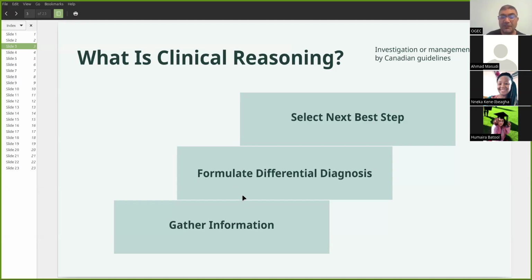Based on that, we have to formulate our differential diagnosis. What diagnoses are in our mind based on this information? And accordingly, we must select the next best step. The next step, as mentioned before, can be an investigation, a procedure, a management of the patient, or treatment.